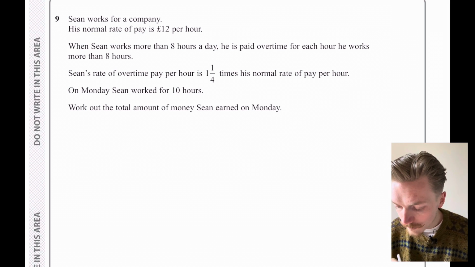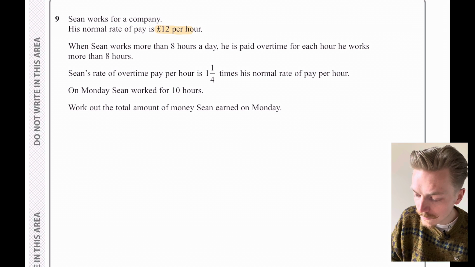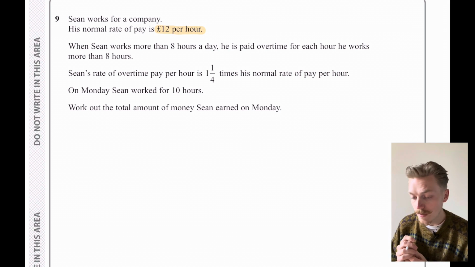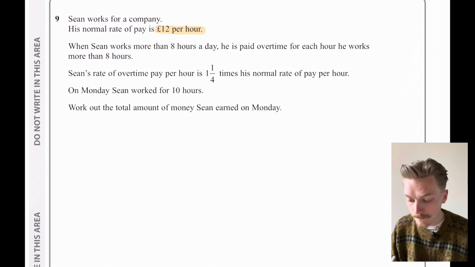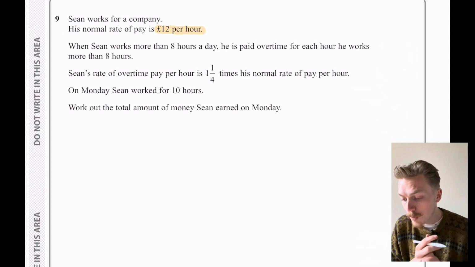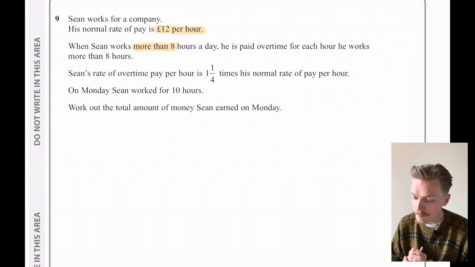Sean works for a company. His normal rate of pay is £12 per hour. That's clearly going to be quite an important bit of information. I might underline that in the exam, or if you've got a highlighter, highlight it. When Sean works more than 8 hours, he is paid overtime.